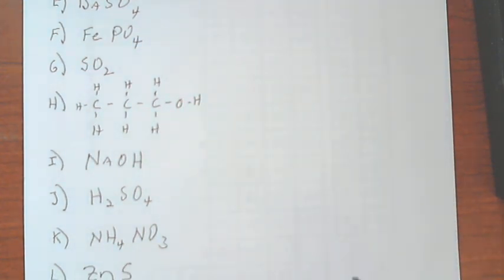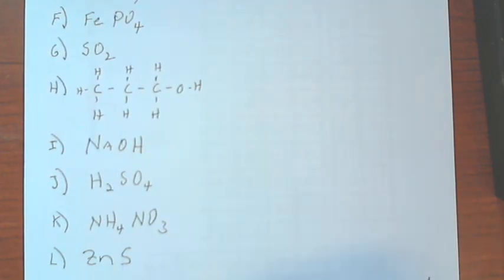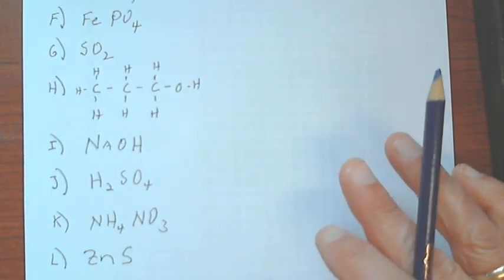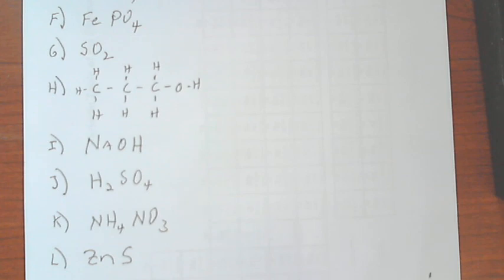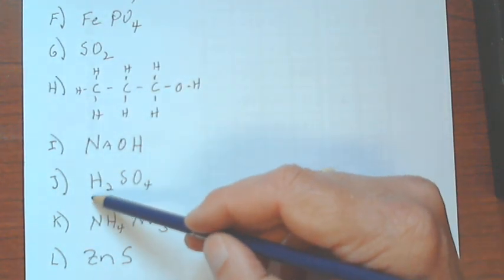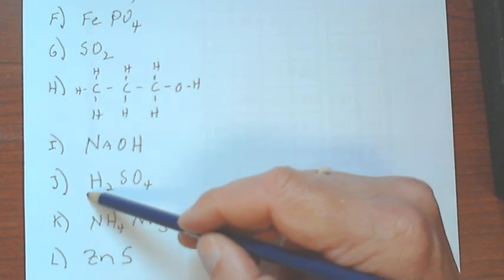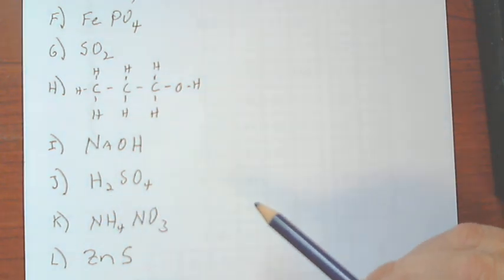Okay, the next one is sodium hydroxide, a common base. Remember, hydroxide is a base. H2SO4 is sulfuric acid, a common strong acid. There are 7 strong acids, and literally millions of weak acids, so you remember the strong ones. Most acids have an H first when you write the formula.